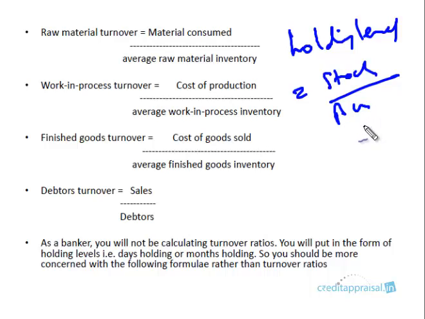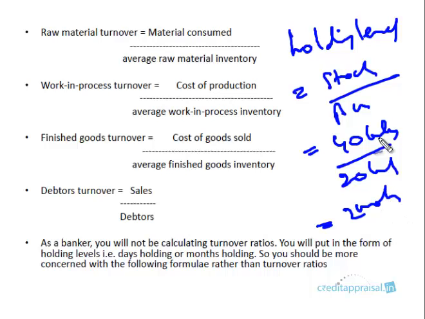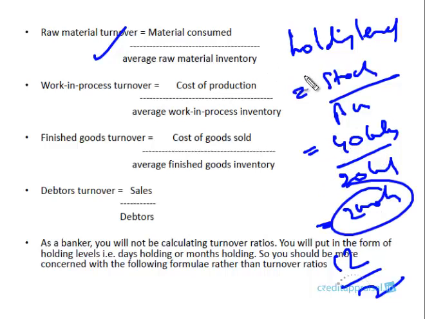Say the closing stock is 40 lakhs, every month consumption is 20 lakhs, so holding level is 2 months. If you want to calculate the turnover, what it means is how many times in 1 year this is rotating. Just 12 by 2 gives you the raw material turnover. 12 by 2 means 6 times. Just do this simple calculation.